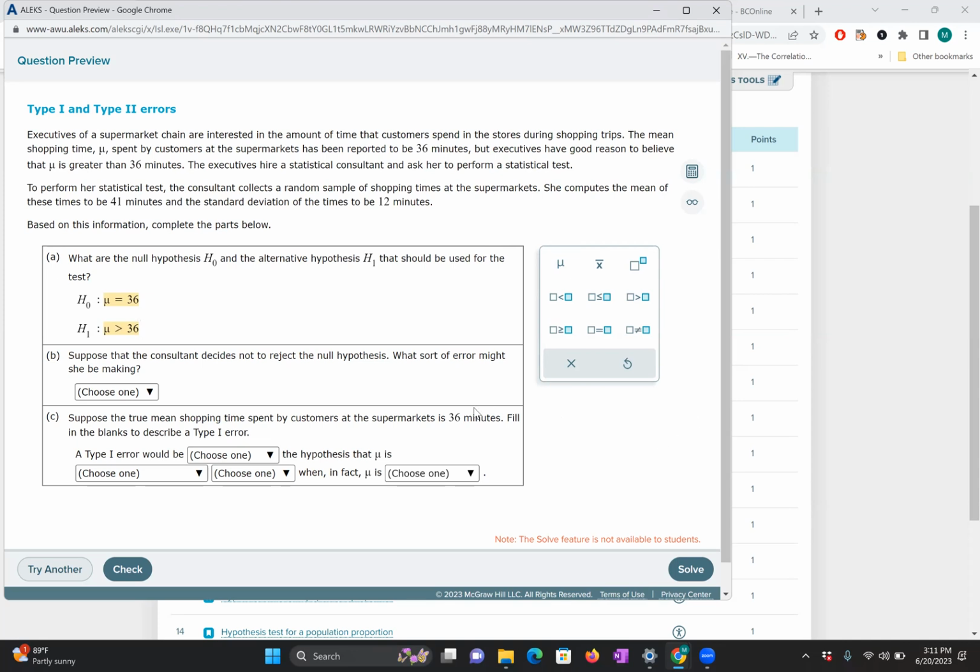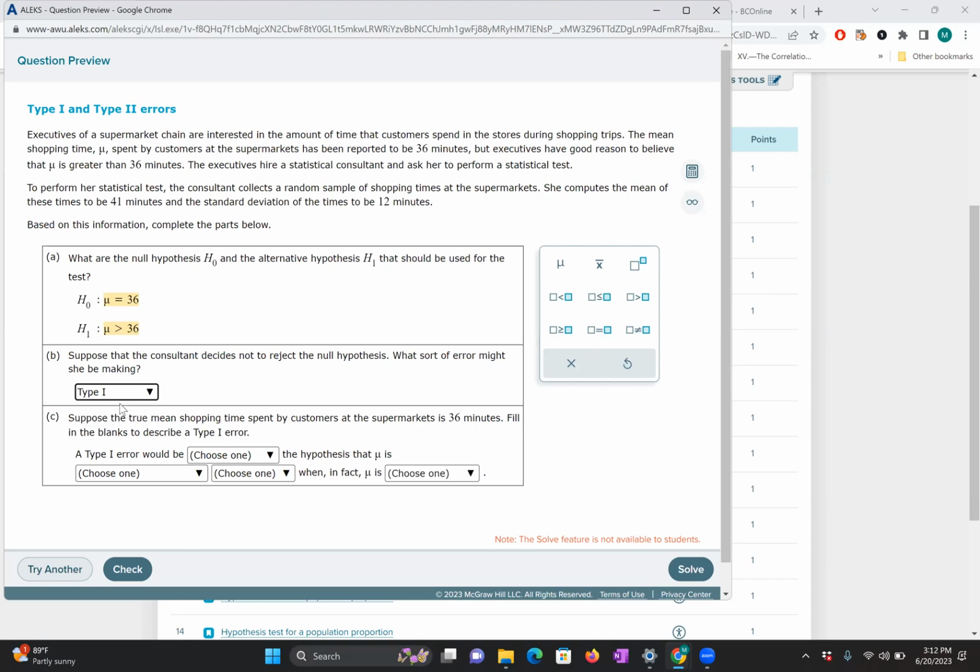Okay, so suppose that the consultant decides not to reject the null hypothesis. What error might she be making? If in this case, again, you decide not to reject the null, the question is, is the null a true null or not? So they're not going to reject the null.